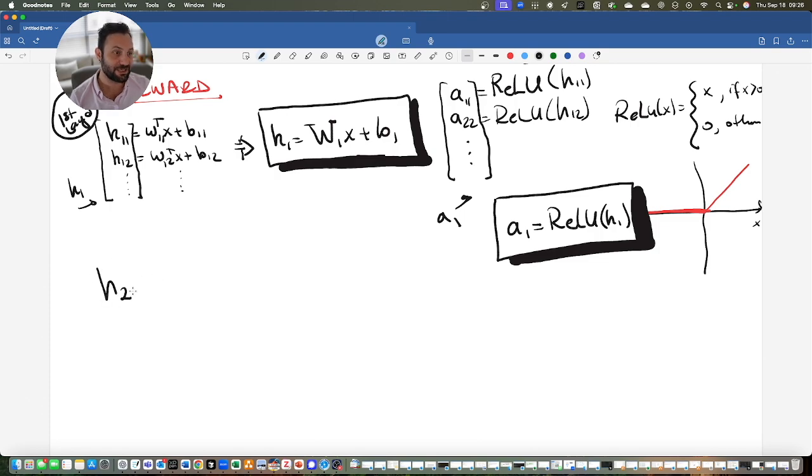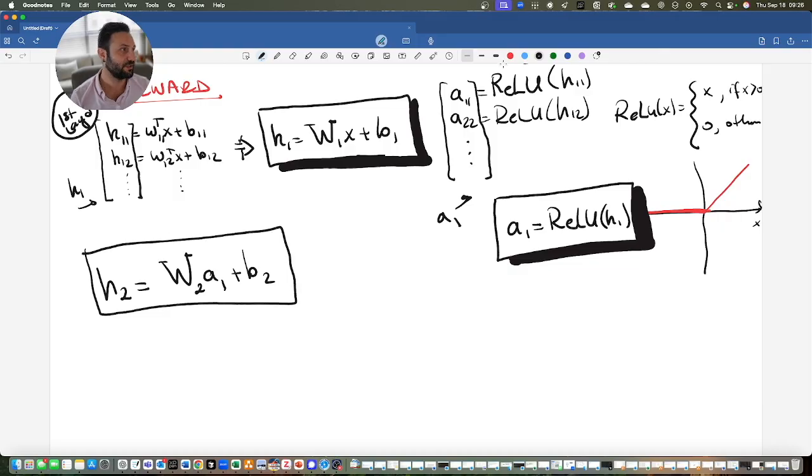Everything continues similarly. My H2 will take A1 as input, using W2 as the weight matrix plus B2, and that's my second layer. Why am I doing all of this? Because in the backward pass I will come and visit all of them.